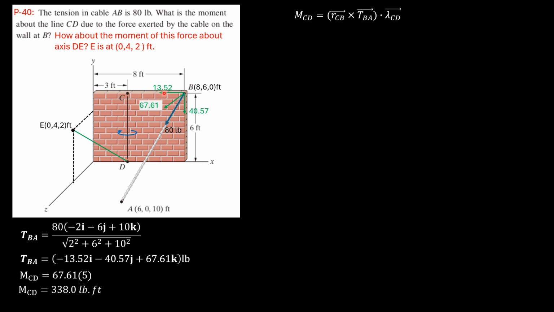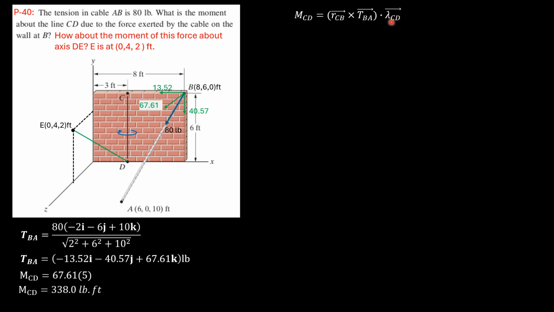So for simplicity, we should choose R_CB instead, then cross the tension force, then dotted with the unit axis vector CD, and the unit axis vector CD is simply negative 6 over 6. The magnitude is 6, so negative j, because it is the negative y direction.